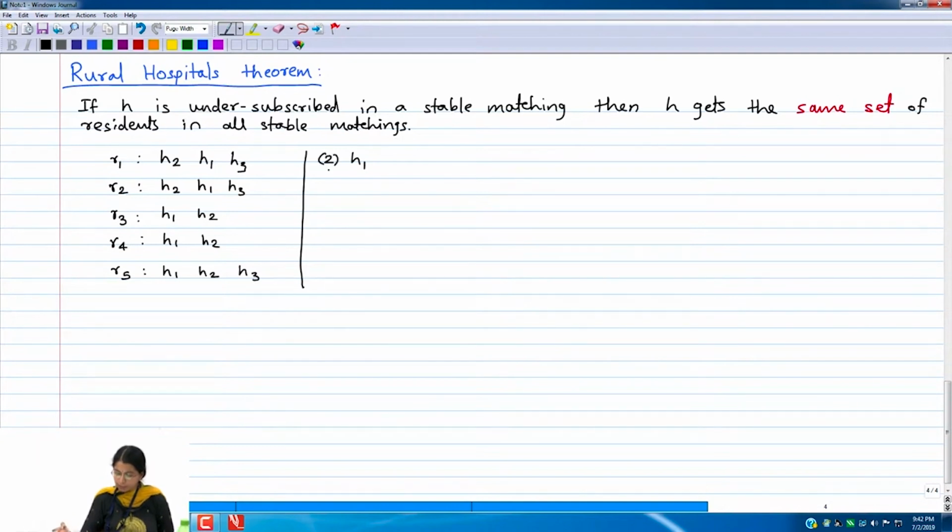So suppose H1 has capacity 2, H1 prefers R1 over R2 over R3 over R4 over R5.